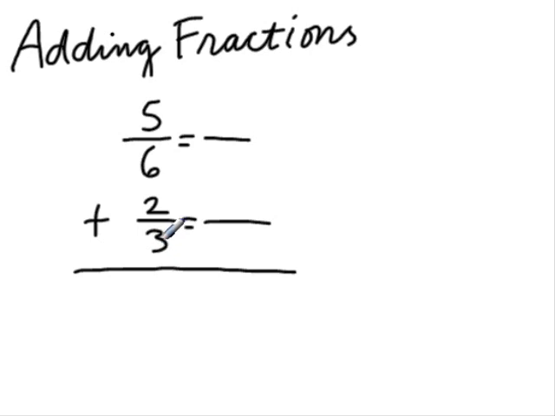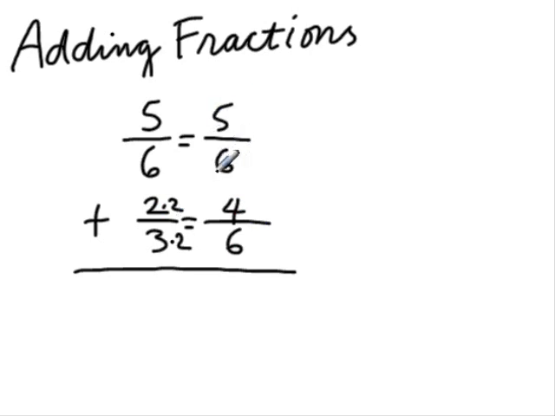Thirds can be converted into sixths by simply multiplying by 2. 3 times 2 gives us 6. The numerator then would be 2 times 2, or 4. 2/3 is 4/6, and 4/6 is 2/3.